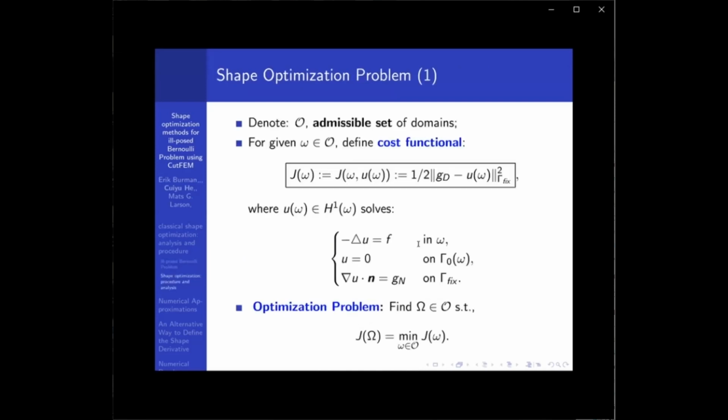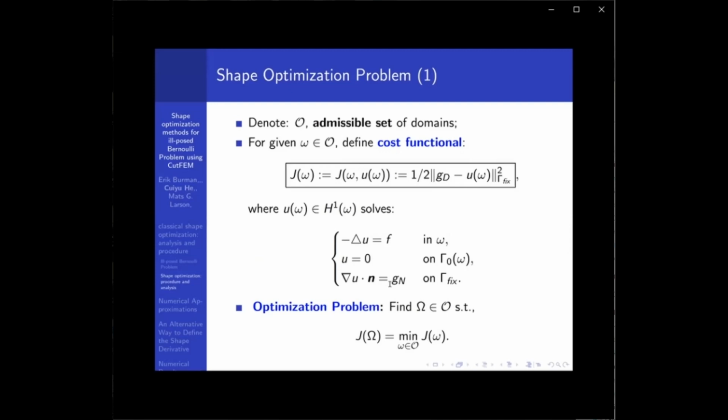Okay, we rephrase the original problem into an optimization problem. First, we denote capital O as the admissible set of the domains. For every given domain omega in the admissible set, we define the cost functional, which is half times the L2 norm squared of the difference between g_D and u of omega, where u of omega satisfies this Poisson type well-posed PDE problem.